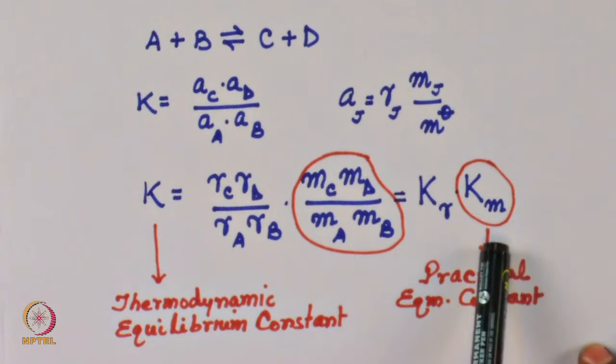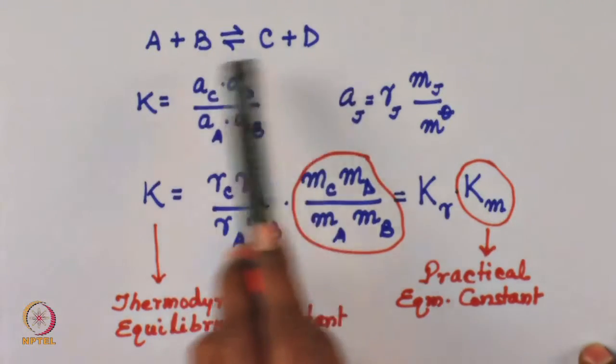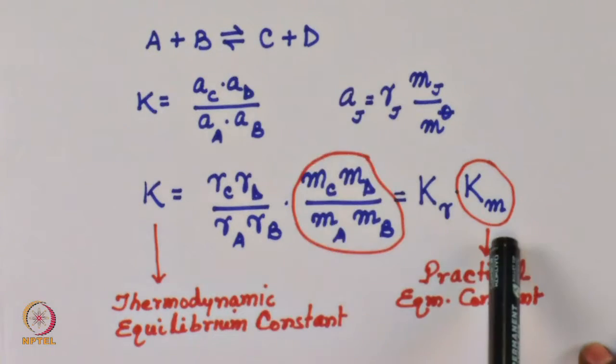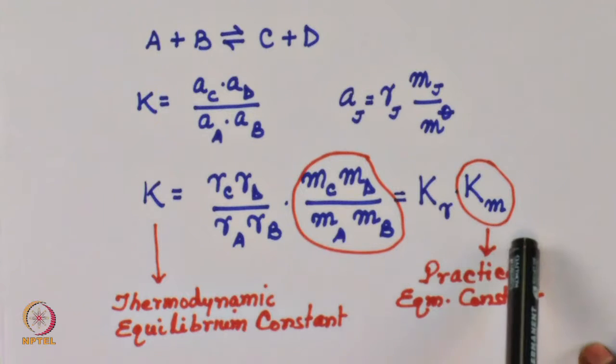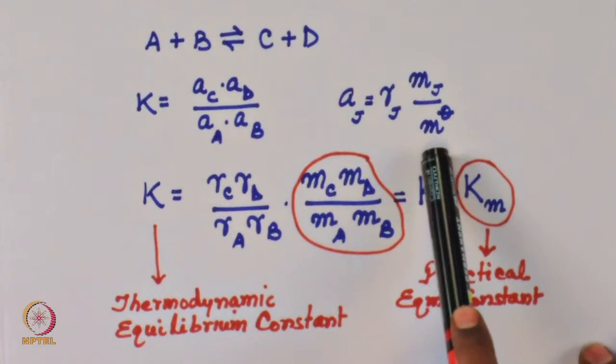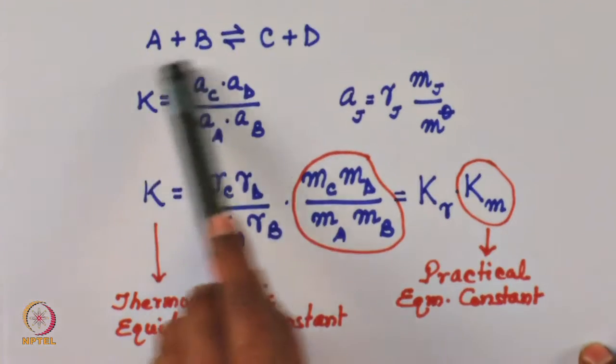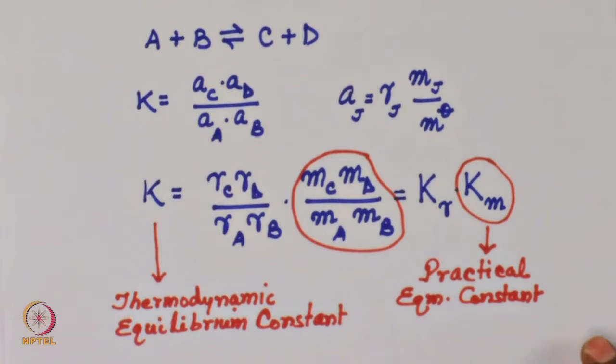Thus, for example, if I express Km in terms of molality and if the stoichiometric numbers on both sides are not the same, eventually Km will come up with a unit. But since we are getting rid of unit by introducing m naught and expressing in terms of activity, the overall value of K is a dimensionless quantity.